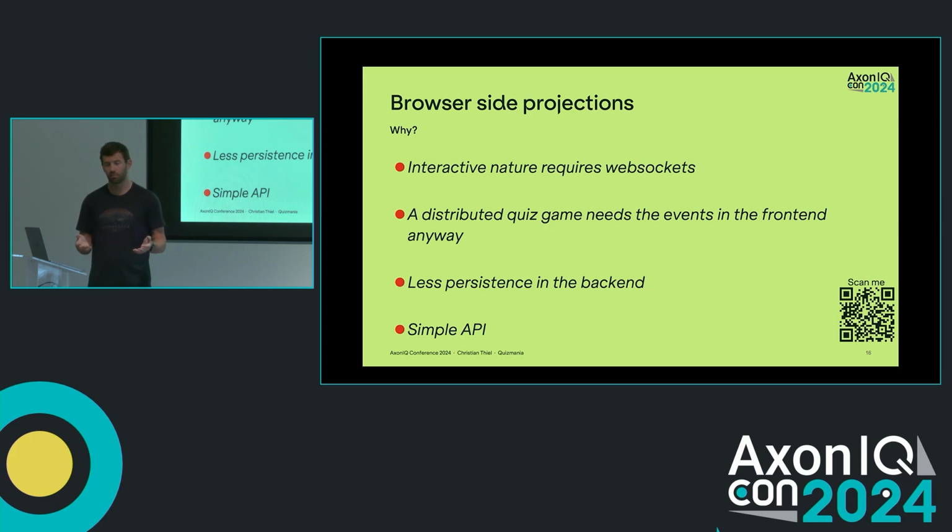So I have no persistence in the back end, and I also have a quite simple API because I just need to forward my events into the front end, and I don't need to negotiate with a front end designer over some state API or something like this. I just give him the domain events.